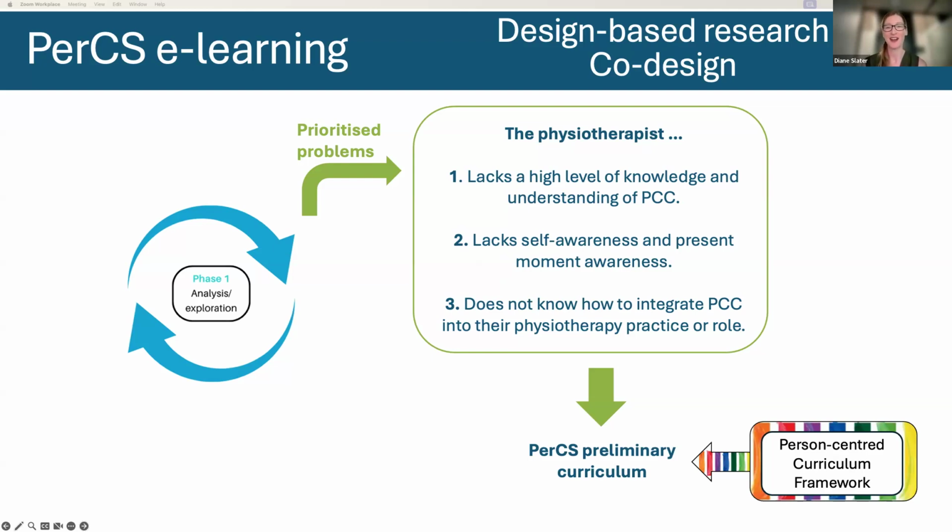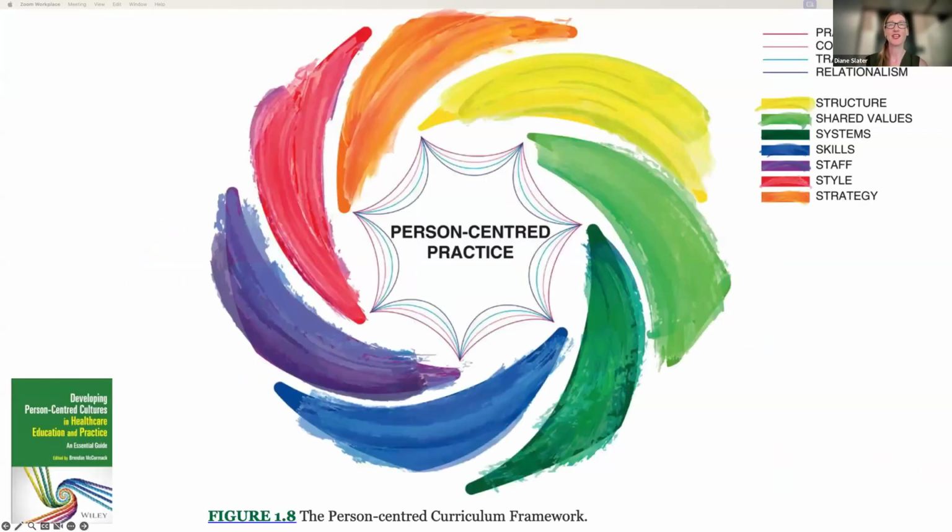And this is luckily where I had learned about the person-centered curriculum framework and decided to apply that in the curriculum design process. As Sean's already mentioned, the person-centered curriculum framework is underpinned by philosophical dimensions, and then also the 7 S's as part of the adapted McKinsey methodology.